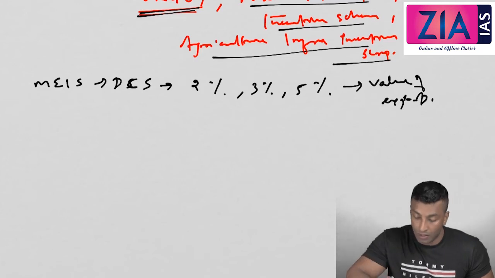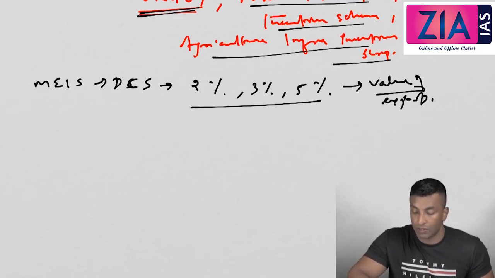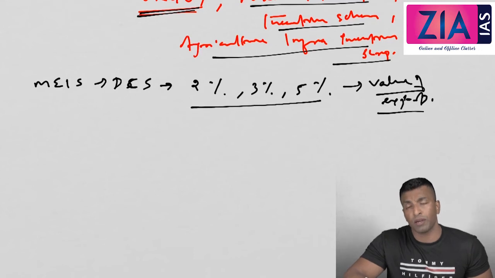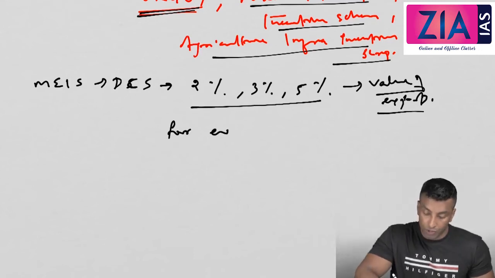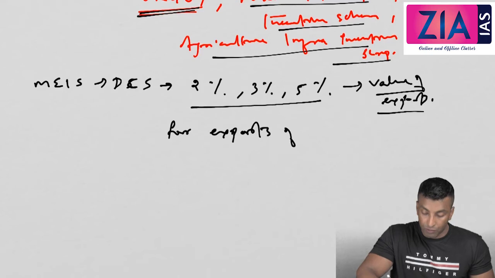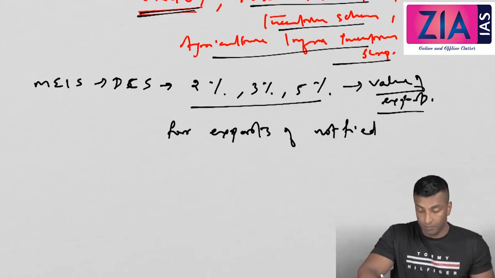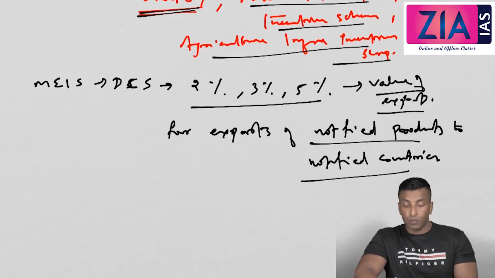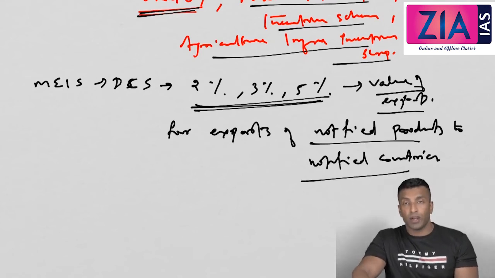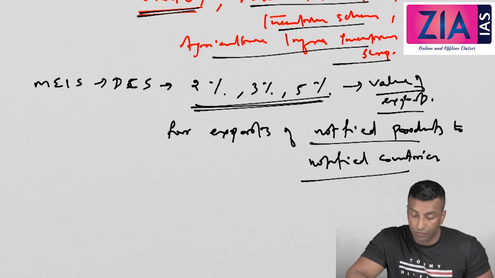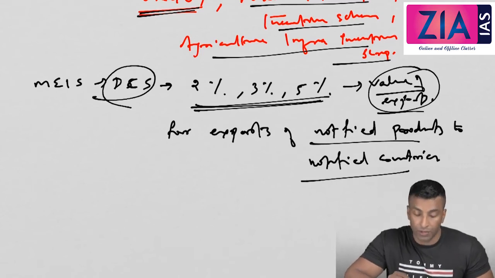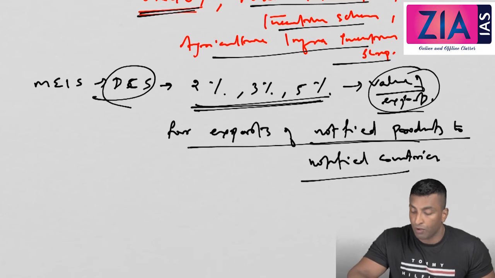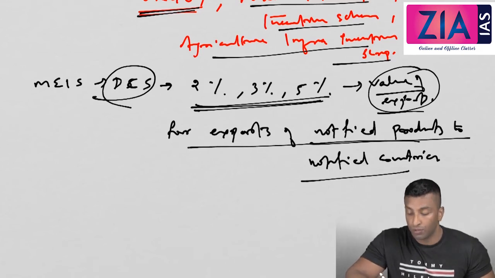So here 2%, 3%, 5% of value of exports was provided for exports of notified products to notified countries. Different levels are given. So DCS means duty credit scripts for exports of notified products, not all products, to notified countries.